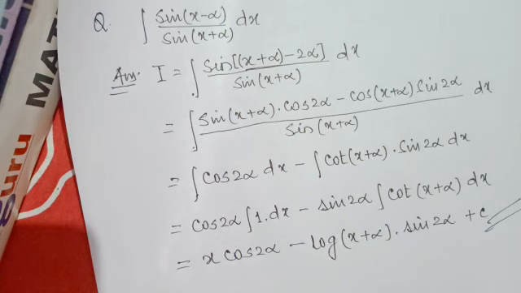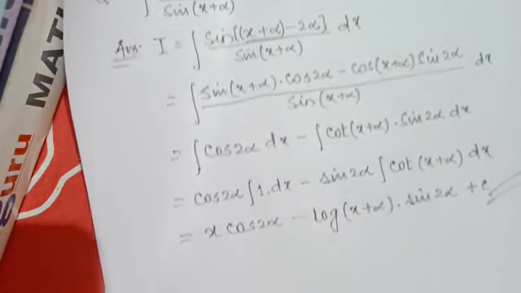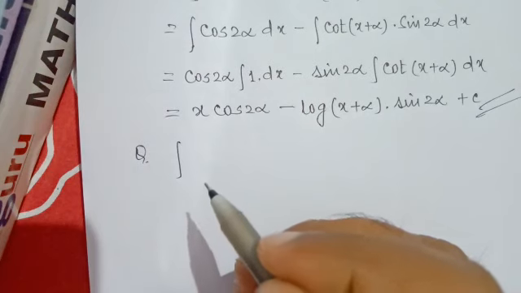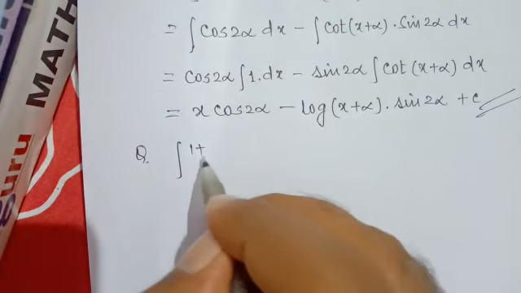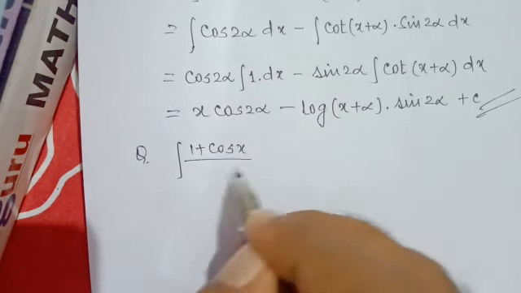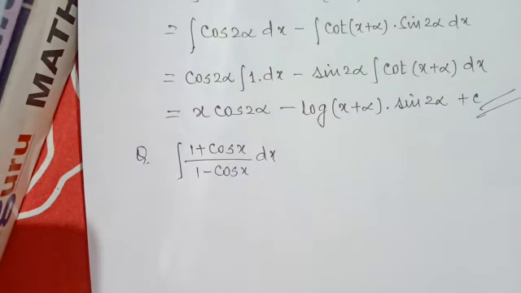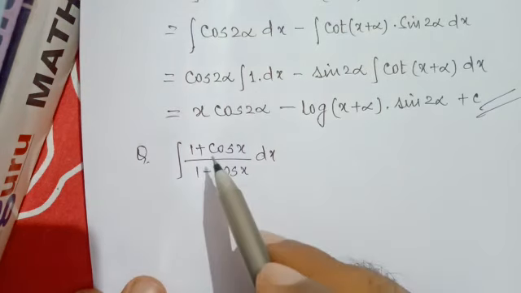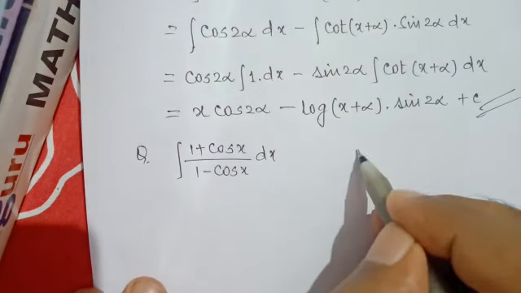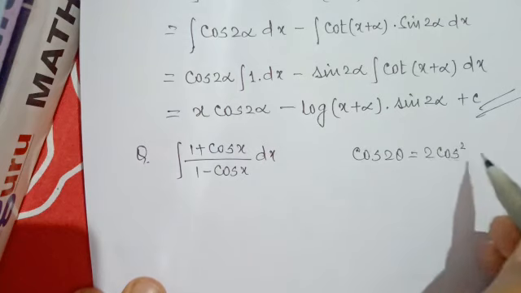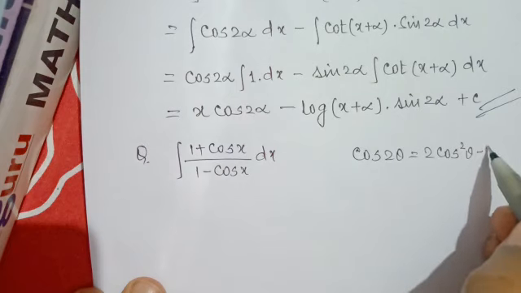See one more question. Integrate (1 plus cos x) upon (1 minus cos x) dx. You may rationalize it or you may solve here by applying the cos 2 theta formula, since cos 2 theta is 2 cos square theta minus 1.